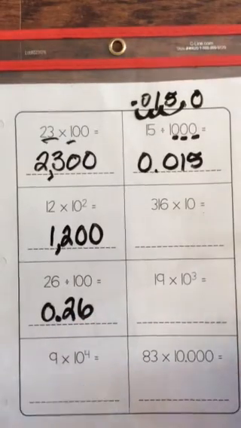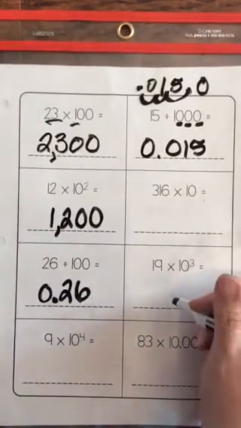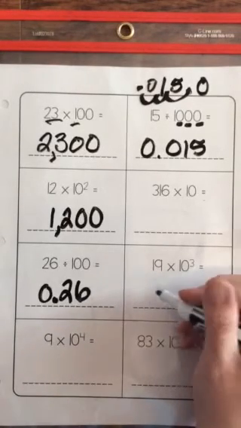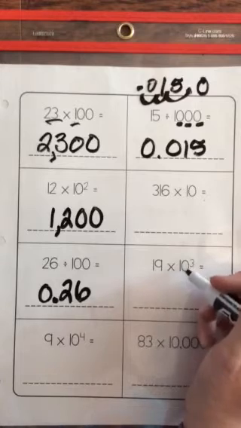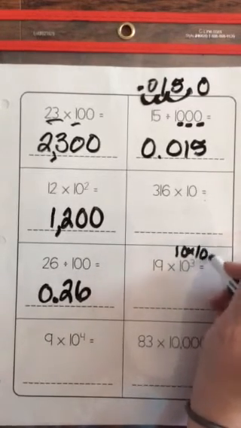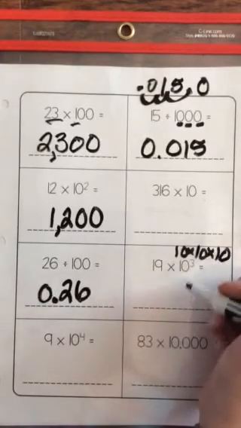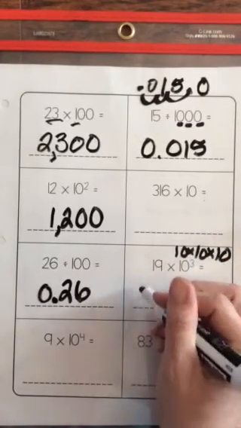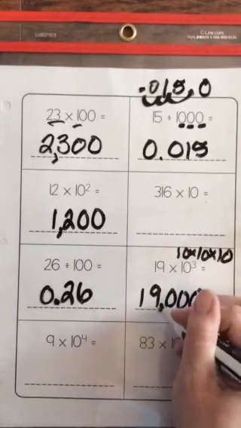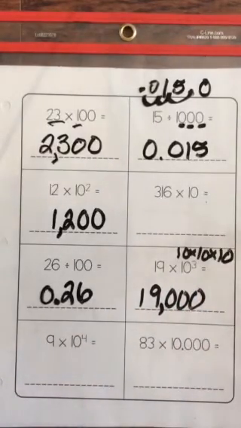And lastly, let's do this one. 19 times 10 to the third power. 10 to the third power really is 10 times 10 times 10, not 30. It's 1,000. So 19 with 3 zeros, 19,000.